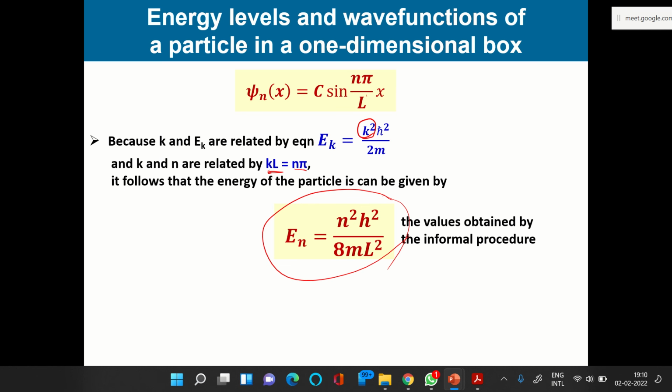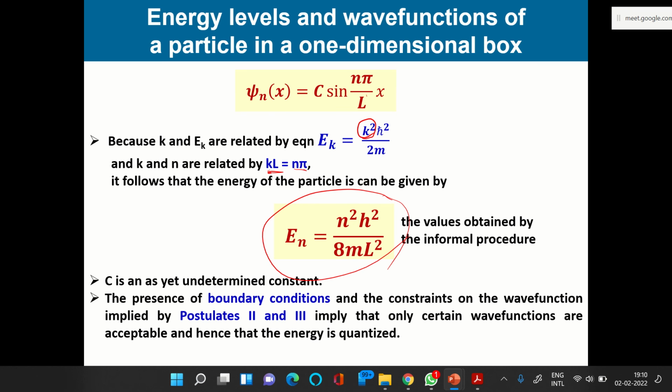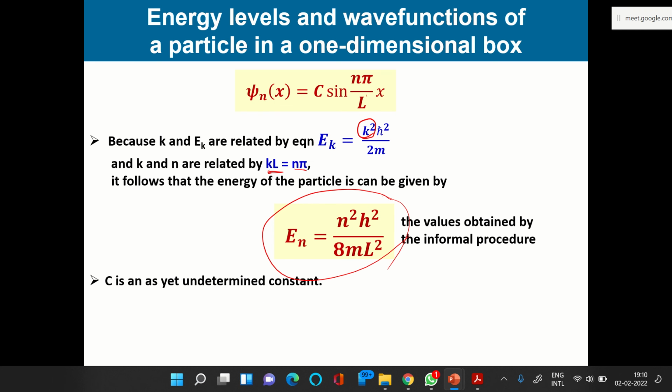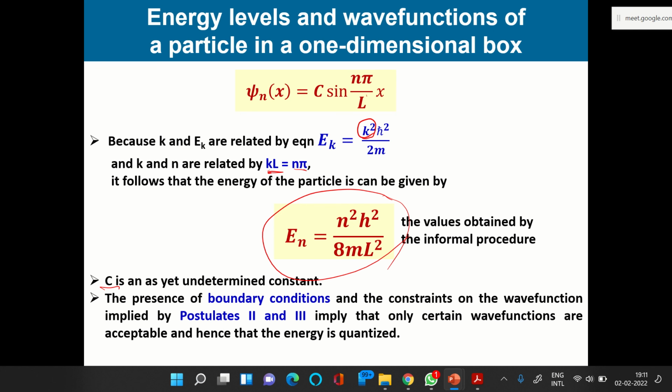Another way to find the energy. And C, we have not yet determined the constant C, so this is a task yet remaining. We have to follow a few things: the presence of boundary conditions and the constraints on the wave functions. We have already discussed that only certain wave functions are acceptable.